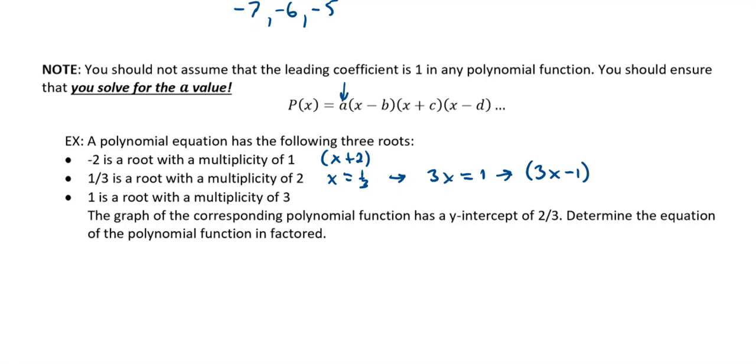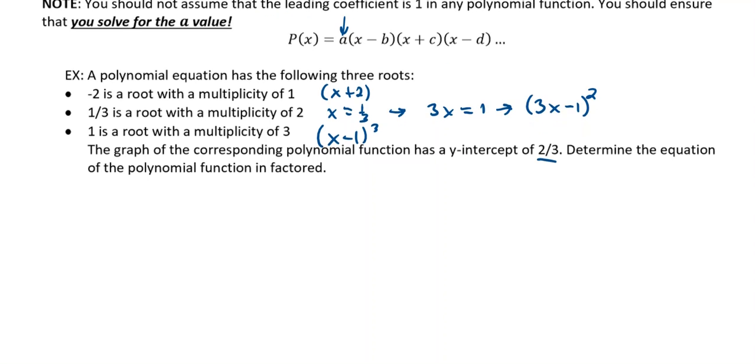And so that's our factor there. And it says it has a multiplicity of 2, so square at the top there. And then lastly, 1 is a root with a multiplicity of 3, so that would just be x minus 1 to the power of 3. Okay, so we're pretty good. It also tells us that we have a y-intercept at 2/3.